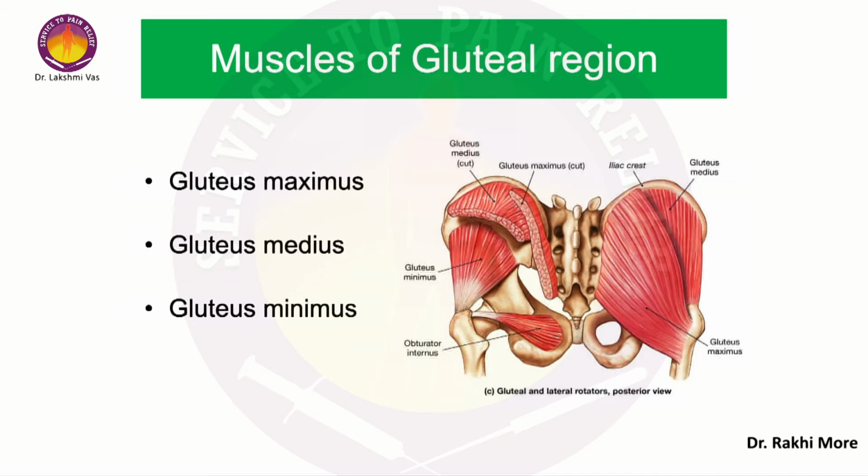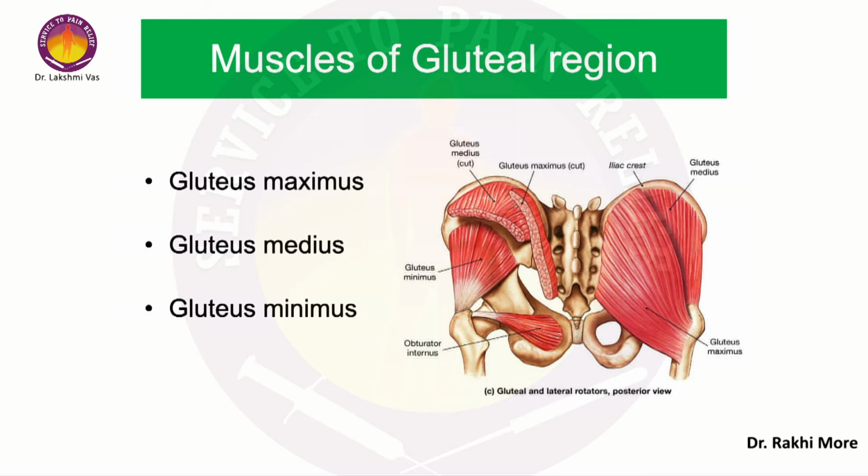Now we come to the next part, that is the muscles of the gluteal region. Now this again is a very crowded area. The muscles which we see are the gluteus maximus, which is the most superficial, then the medius and the minimus. Here you can see all the three muscles. On the left hand side we can see a cut part of the gluteus maximus and the cut part of the gluteus medius.